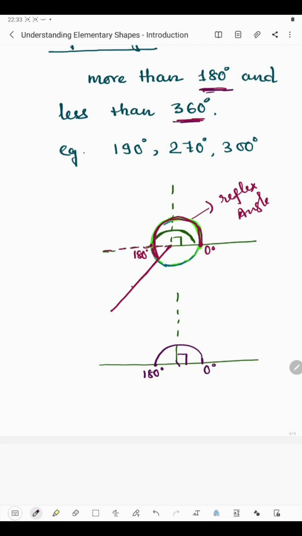Suppose if I draw a line from here, so here is 180 degree, so it is going beyond 180 degree, and 360 degree, where is 360 degree? When it completes full rotation, then it will become 360 degree. But since this line goes from here, this angle is known as reflex angle. Okay. So that means reflex angle is more than 180 degree and less than 360 degree.